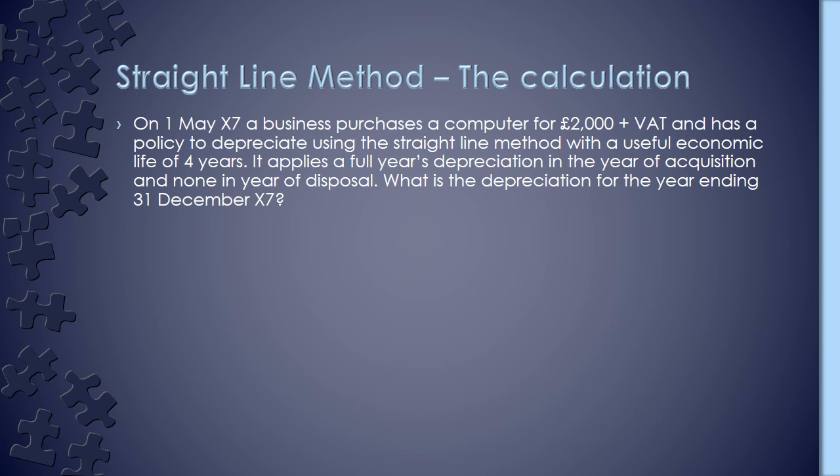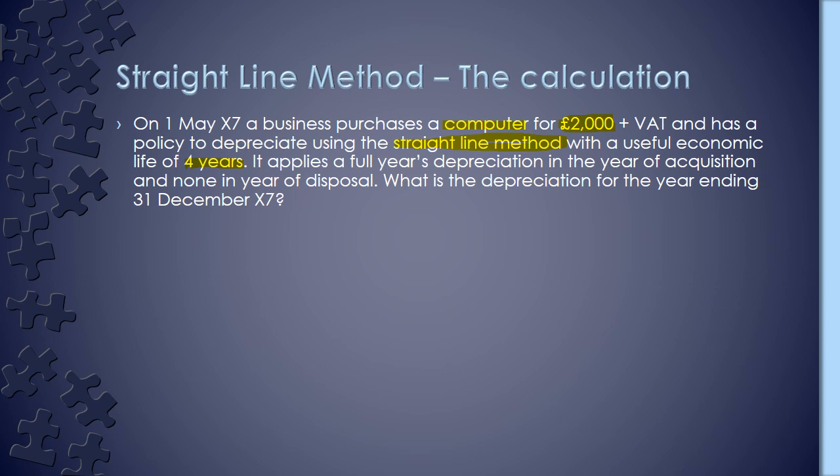So let's have a look at what we're told. We're told that we buy a computer, there's our asset, for £2,000 plus VAT. And we have a policy to depreciate using the straight line method. And our useful economic life is 4 years. So that's the first part of the information we need.